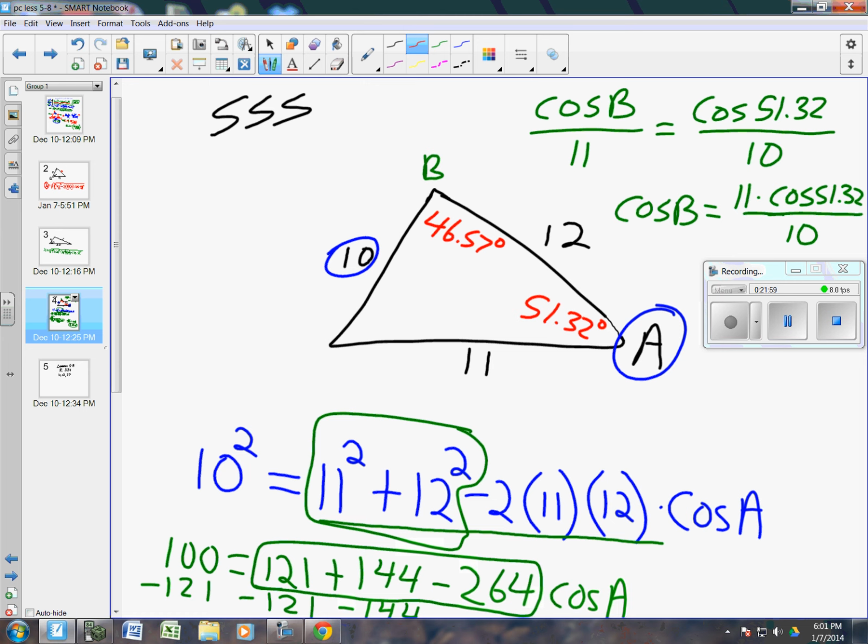And then from there, we can add those two up, subtract from 180 to get the angle that goes down here. Okay, that is the law of cosines. That's how you solve for sides or angles, if you're given side angle side or side side side.